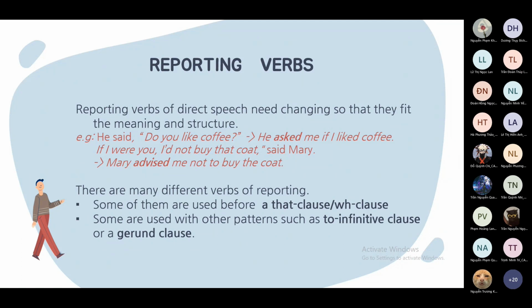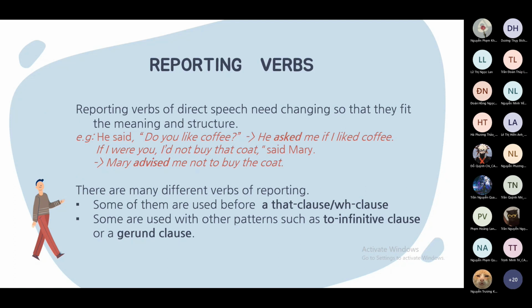Reporting verbs of direct speech need changing so that they fit the meaning and structure of the sentence. Like in this sentence, the original sentence is, he said, "Do you like coffee?" We changed this sentence into, he asked me if I like coffee. So the reporting verb or introductory verb here is ask.